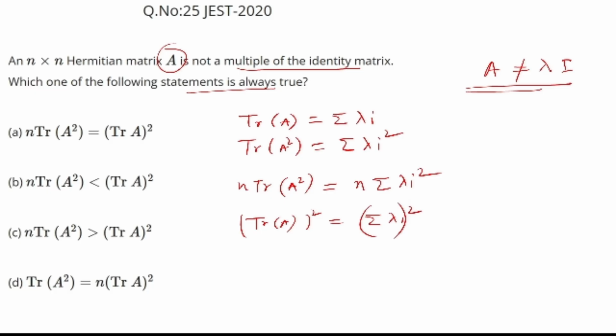Now see very carefully, n is the order of the matrix. If we have a 3 cross 3 matrix, that is n equals 3, then obviously we have 3 eigenvalues. We have 3 lambdas.